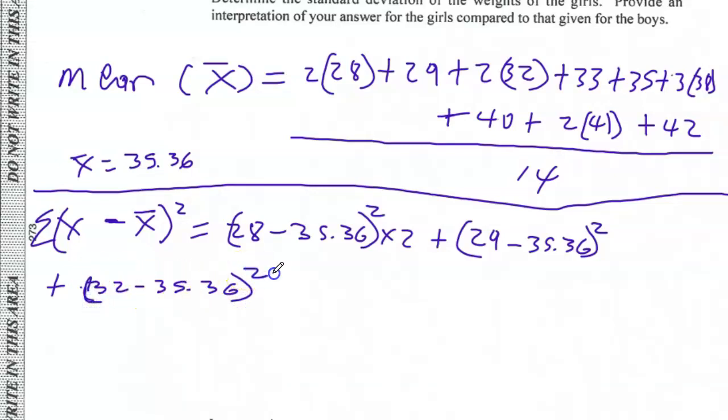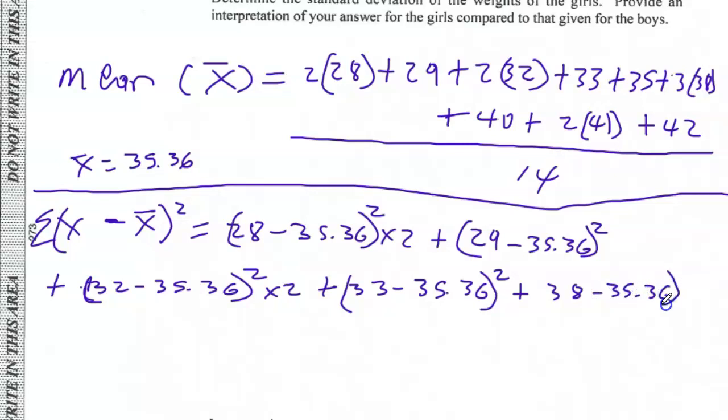Square the result. Remember that the 32 was there twice, so times 2. Plus 33 minus 35.36. Square the result, so one of those. Plus 38 minus 35.36. Square the result. And 38 is there 3 times, right? So times 3.